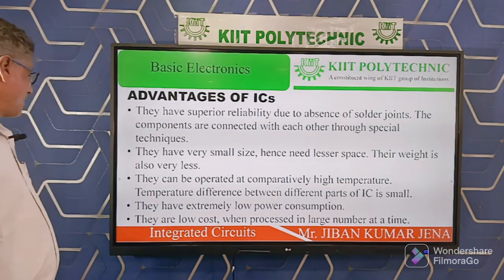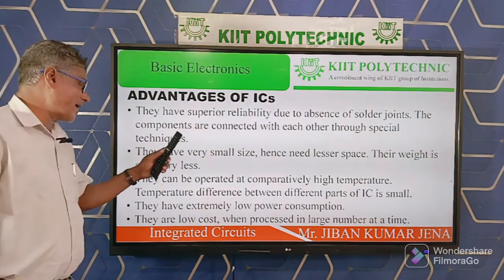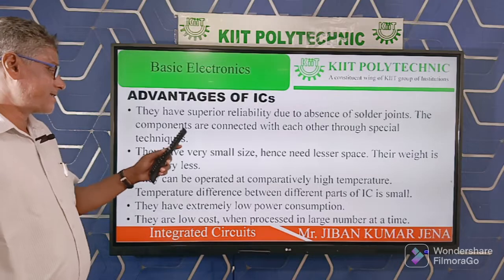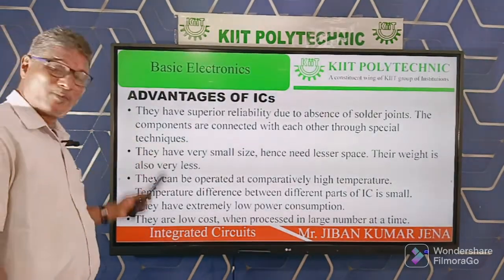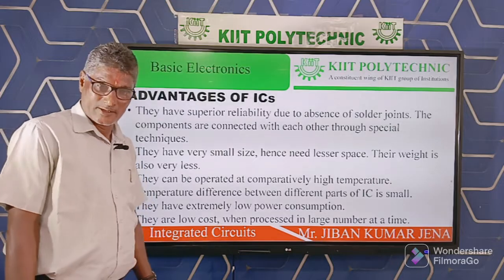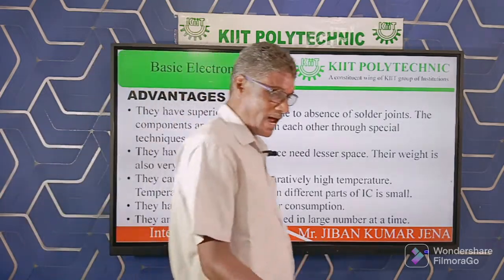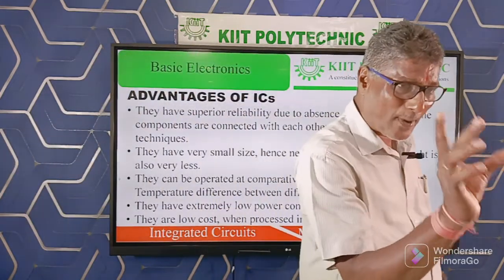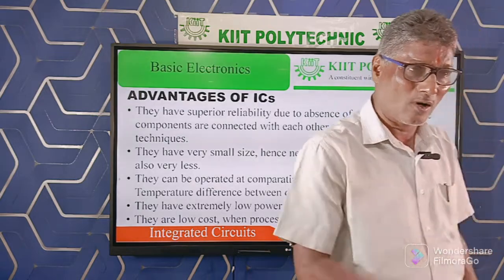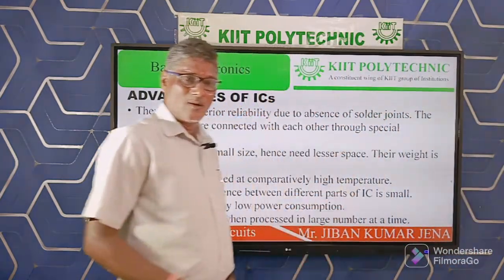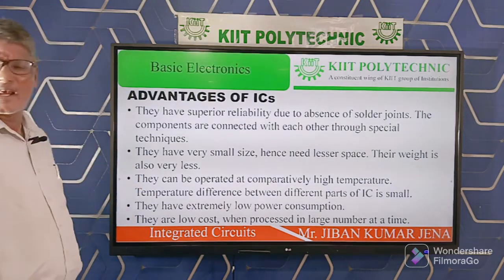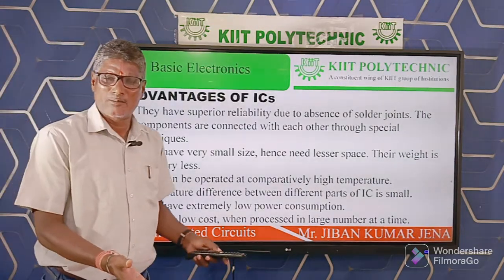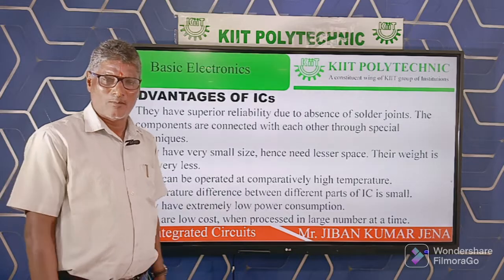Next point, they have very small size, hence need lesser space. Their weight is also very small or less. I have already told you the shape and the size of the IC is so small. That is why it occupies lesser space, and the IC weight is minimum.